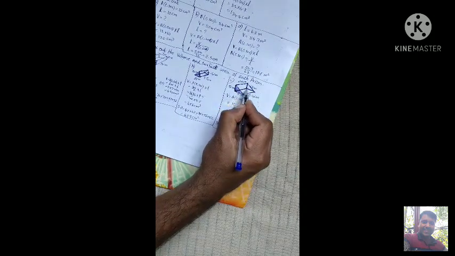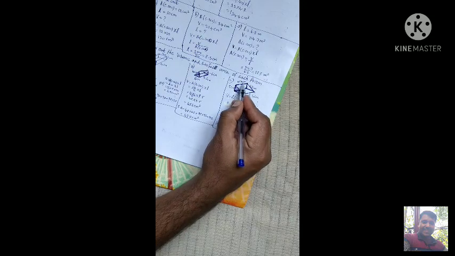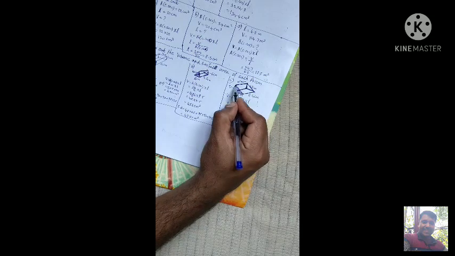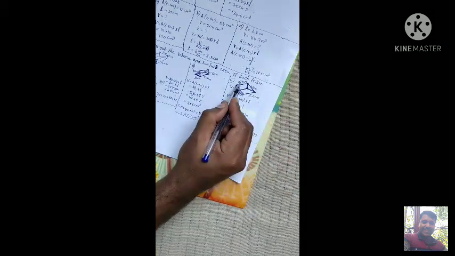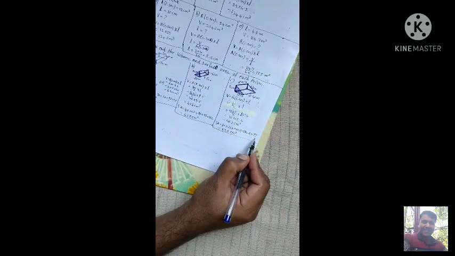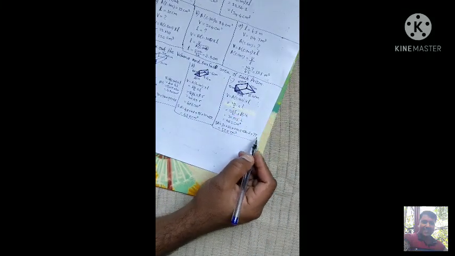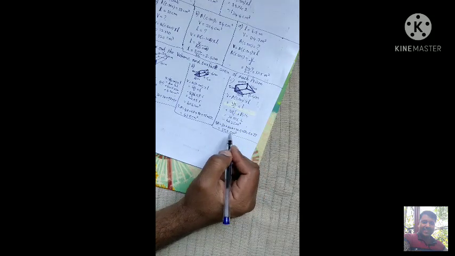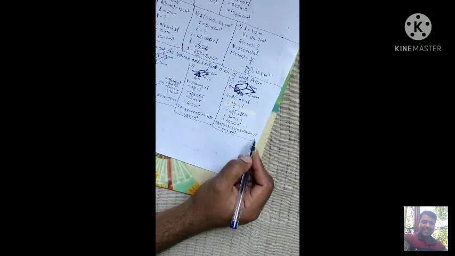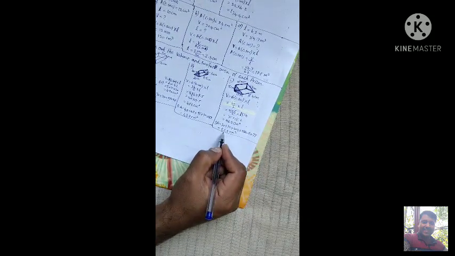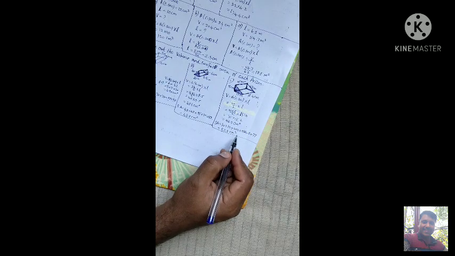Now you can easily find the area of this rectangle. 5 times 15.4 equals 77. So we are going to find the surface area. Now add all these values. We are getting 522 centimeter square.